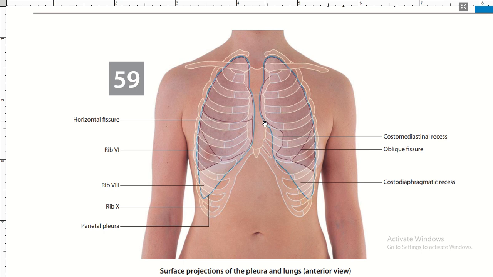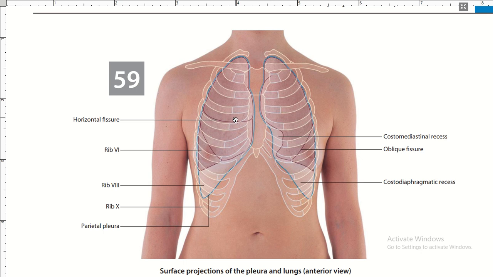Then at the level of the fourth intercostal space, or the fourth costal cartilage, the anterior border deviates laterally and goes downward to meet the inferior border at the level of the xiphoid process. It forms a notch called the cardiac notch. You can see the cardiac notch.